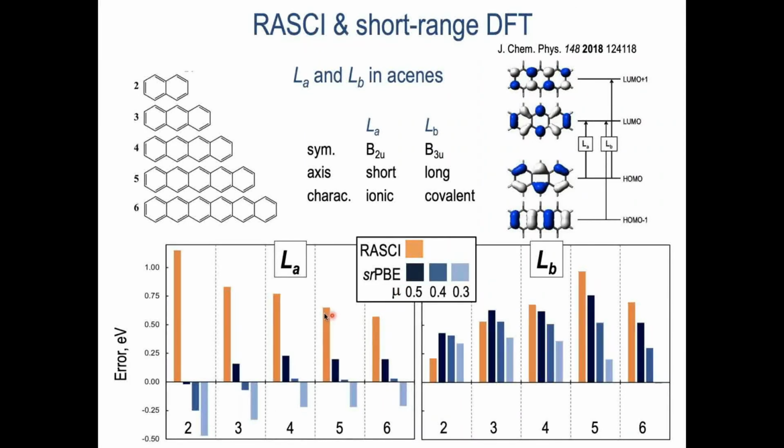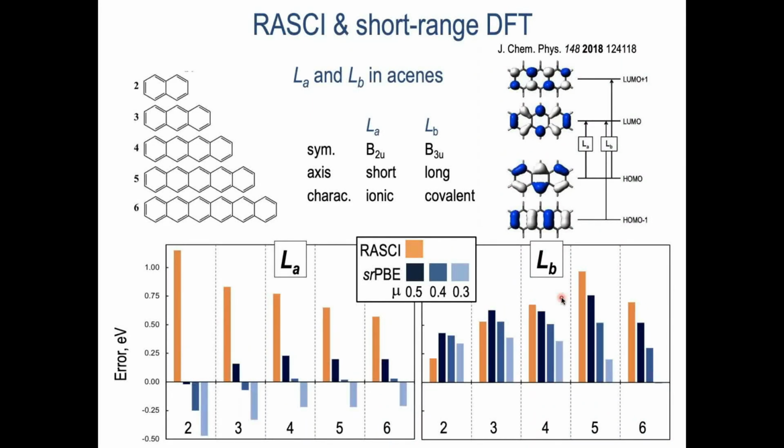And we can see that we have a very large error, or quite large error, for RASCI, and in the case of this La state, this error gets much lower when we include the short range DFT. But for the Lb state, this improvement is not that clear. So basically, I would say that we, in general, get very similar errors.